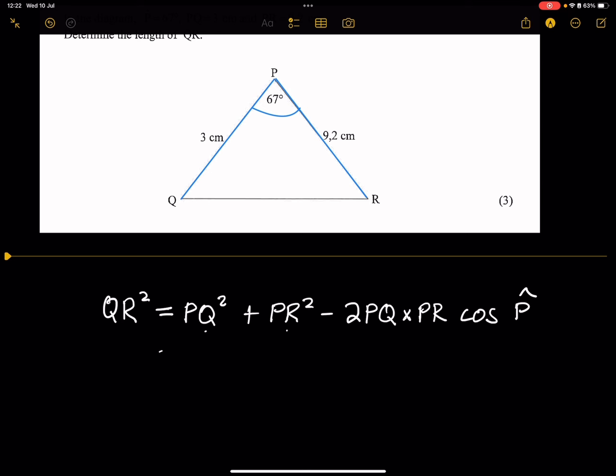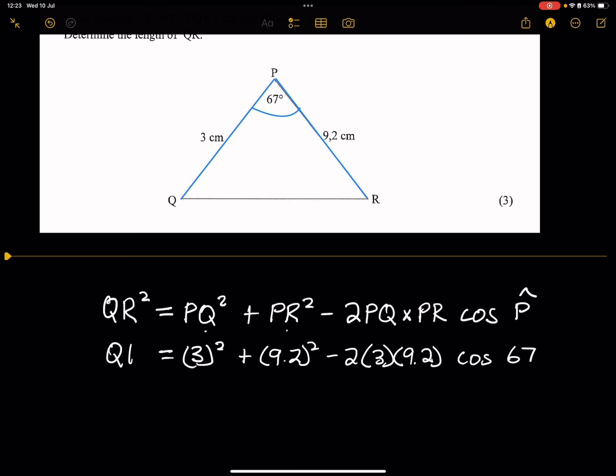So now let's substitute what we have. PQ was 3, I'm not going to substitute the units, plus 9.2 minus 2 times 3 times 9.2, the cosine of 67. All right, so we need to find the value of QR.